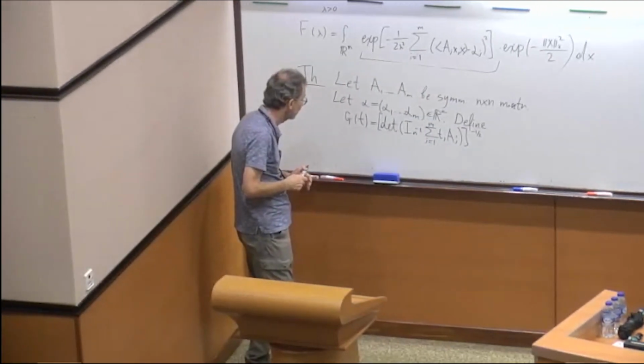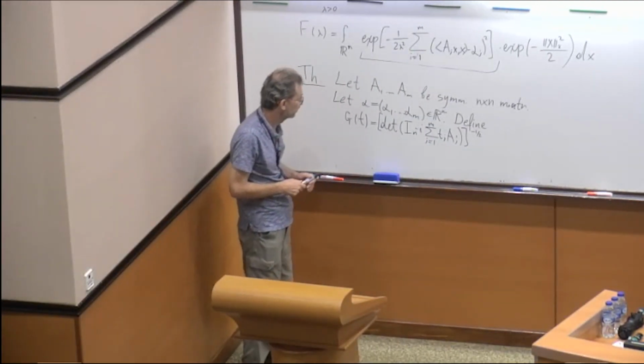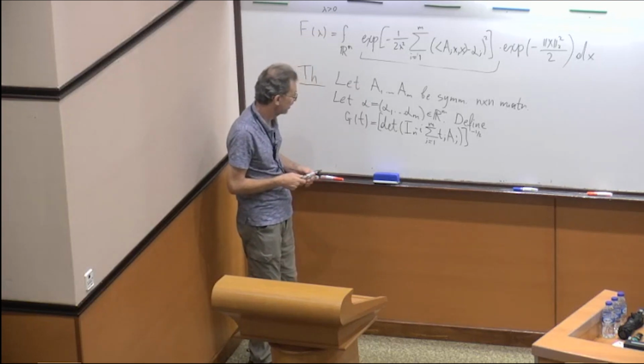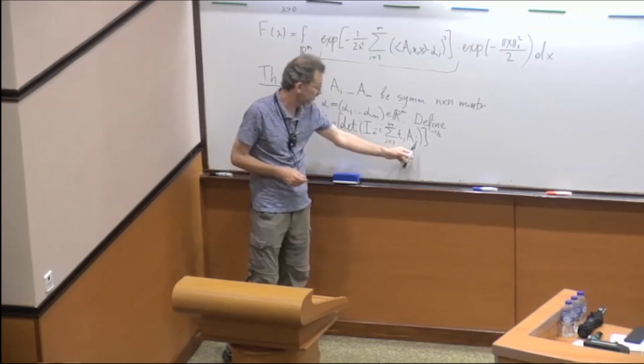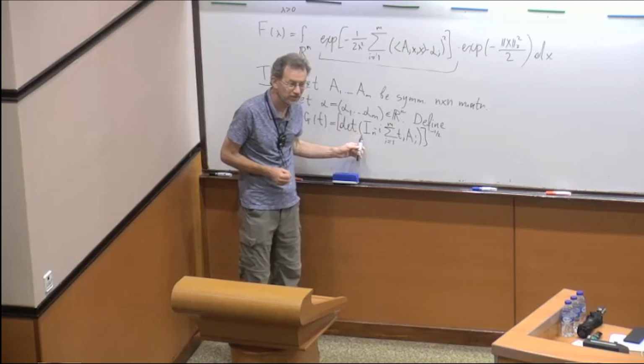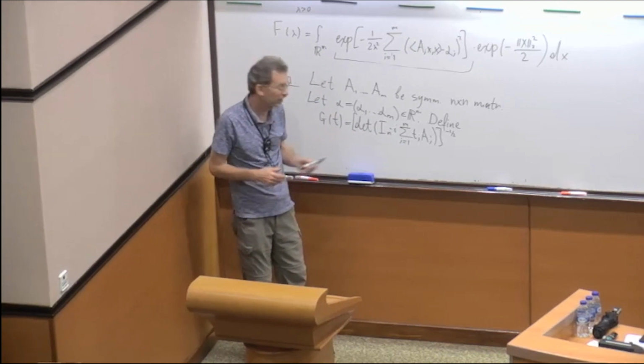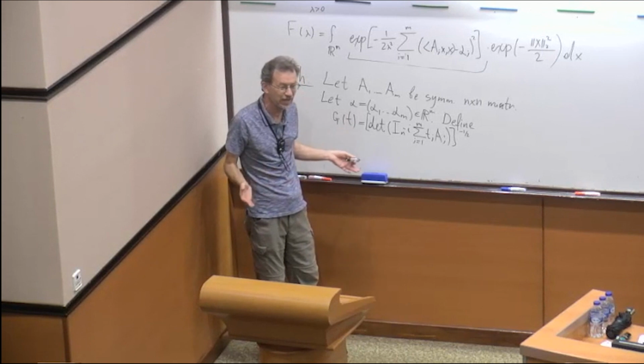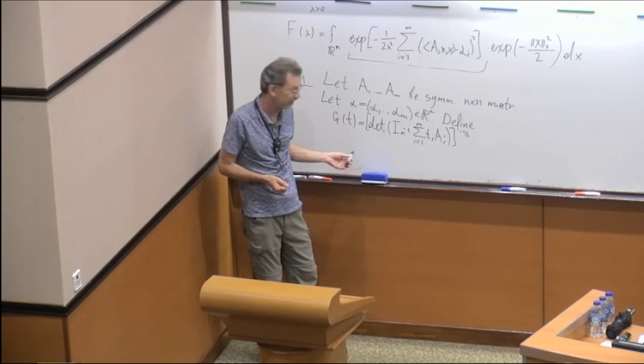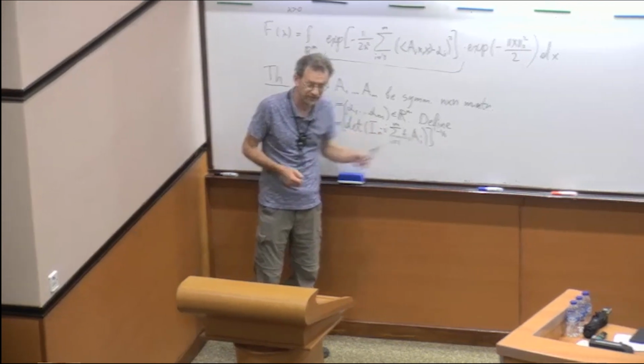At the moment I write this, I owe you an explanation, because this is a complex symmetric matrix. Its determinant is complex. I have to define the square root of it.